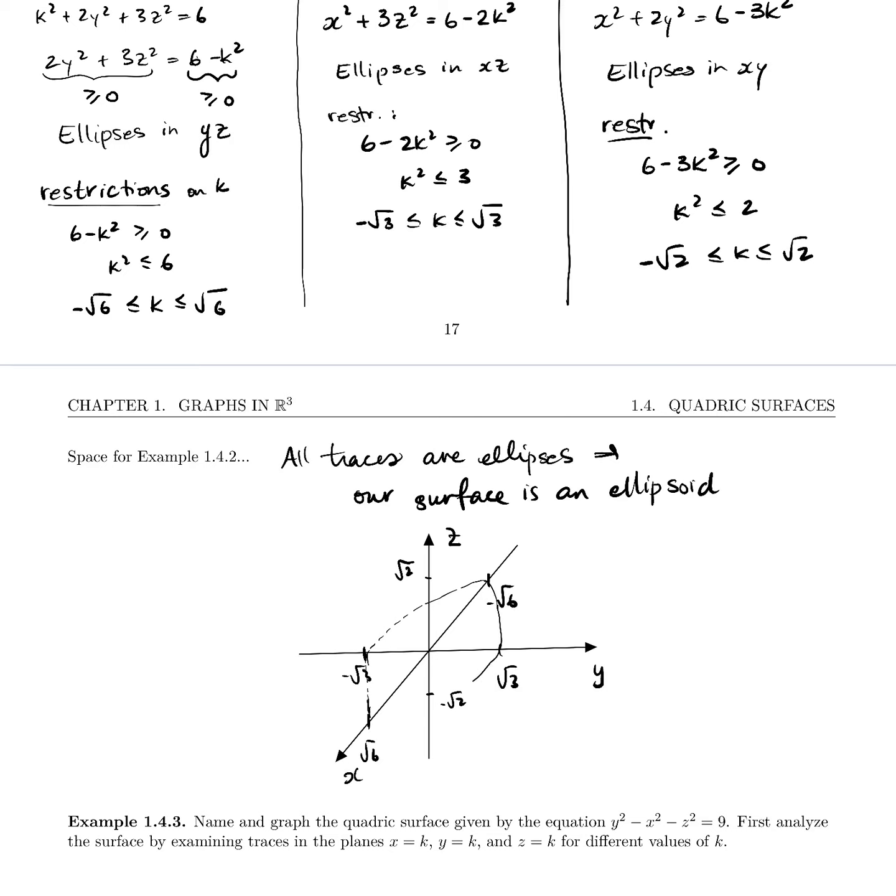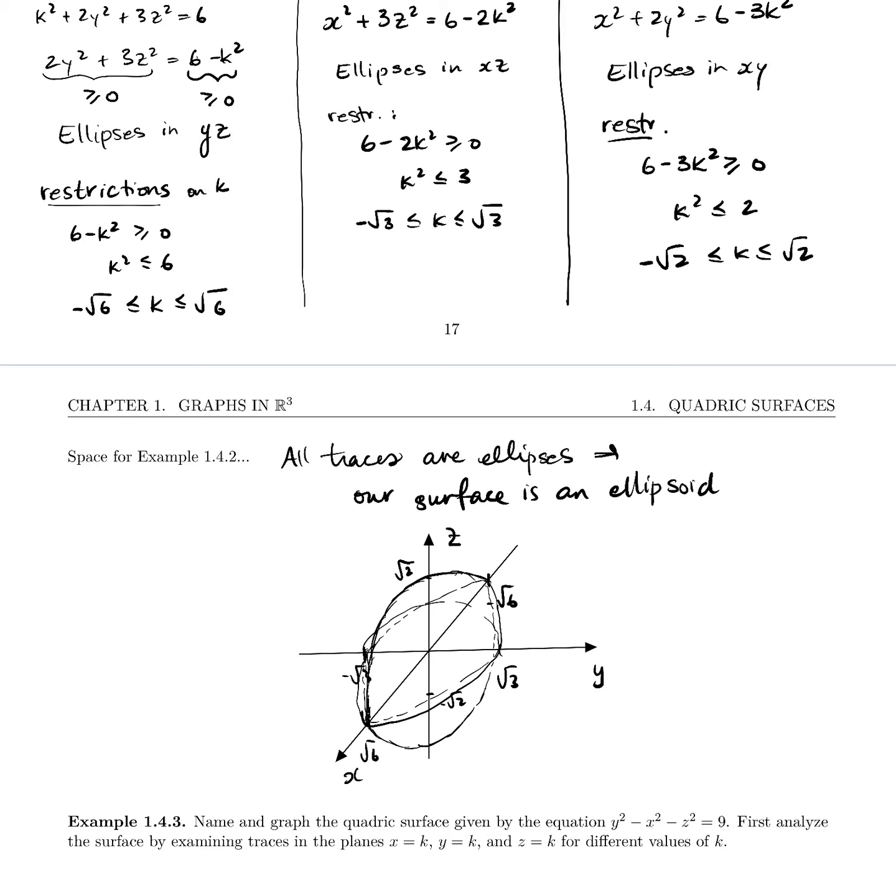Now your sketches here don't have to be beautiful. It'd be nice if they were, but they just need to be functional. I am not an artist by any stretch of the imagination, but we can sketch in what our surface will look like by sketching in the appropriate ellipses.